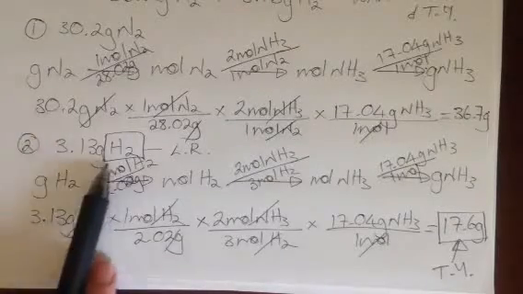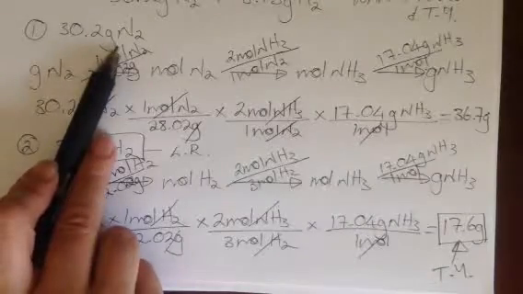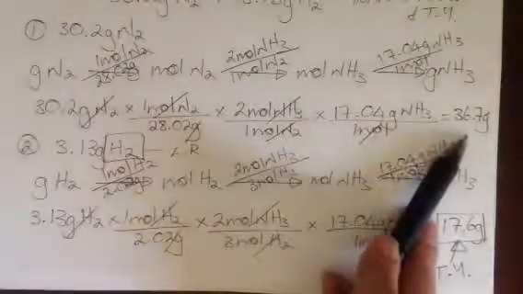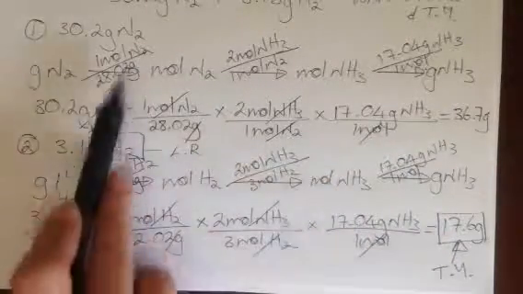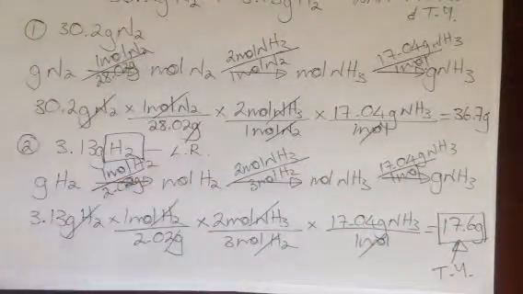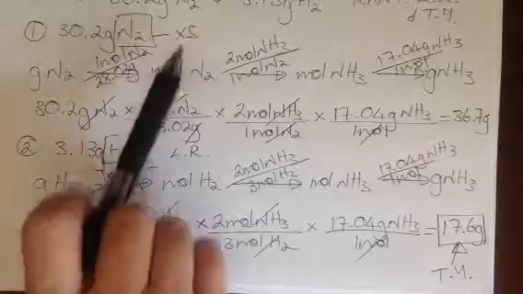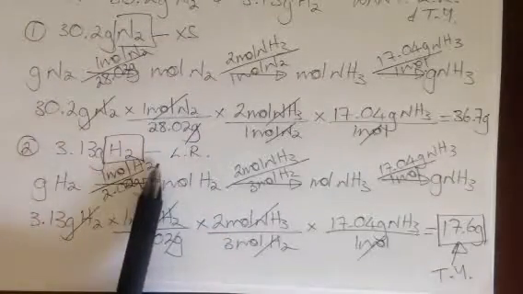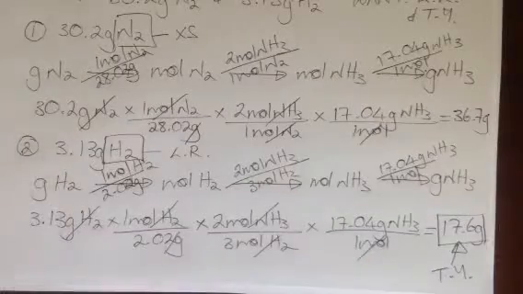So there will be no hydrogen left. You will, however, have some nitrogen left at the end because you had enough nitrogen to make 36.7 grams of ammonia and you're only making 17.6. So that means that your nitrogen will be left at the end. And so we call the nitrogen the excess reactant. Okay, so we'll have some nitrogen left, you'll have no hydrogen left, and you will make 17.6 grams, which is your theoretical yield.